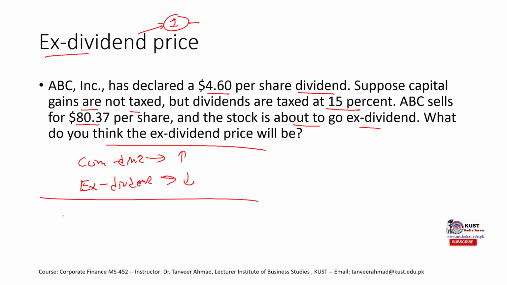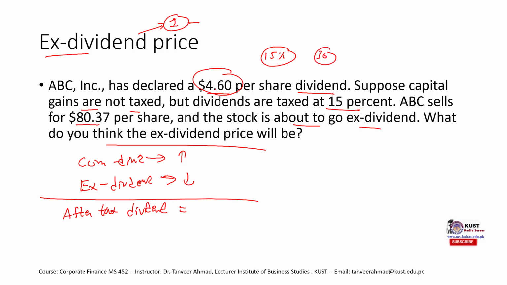For that we first need to calculate the after tax dividend, and because the dividend is 4.6, its tax rate is 15%. By the way, in Pakistan, tax rate is also 15% on dividend for filers, and it's 30% for non-filers.